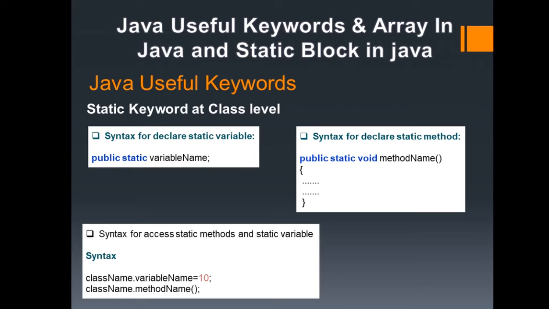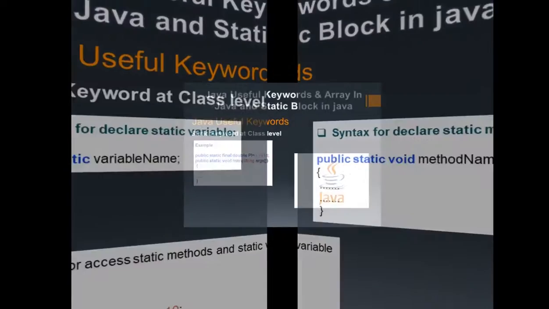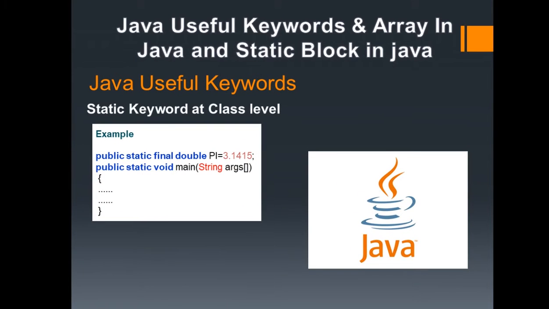That means initialize the value. Class name dot method name semicolon. Then the example: public static final double pi equals 3.1415, and public static void main(String[] args), then parenthesis open, the statements, and parenthesis close.